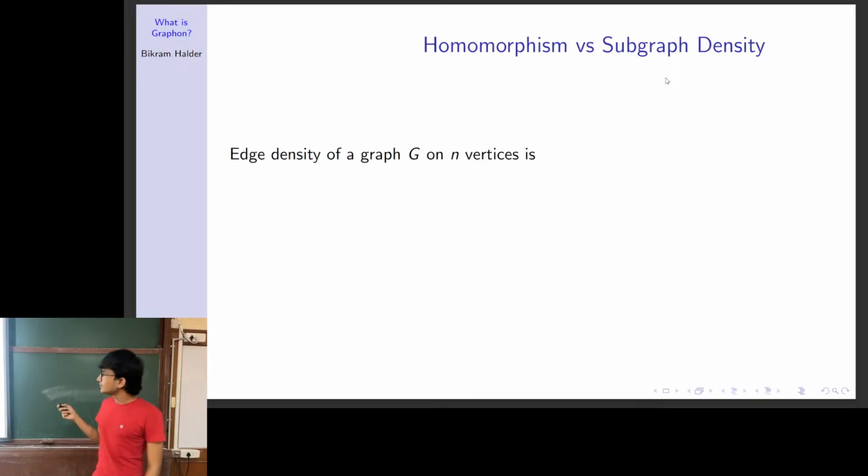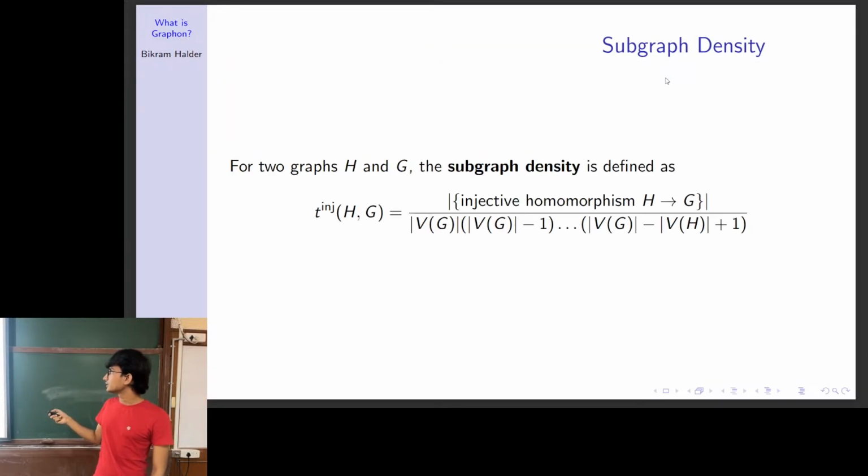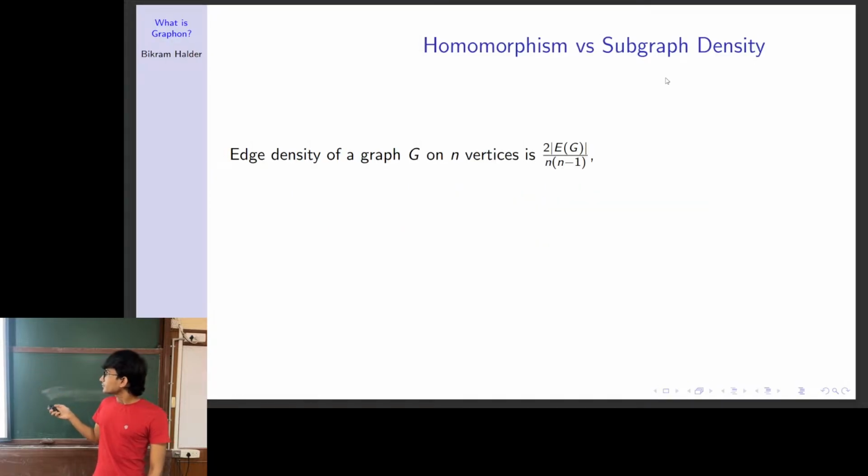Then the edge density becomes two times the number of edges divided by n times n minus 1, if you are embedding in an n-vertex graph. And the homomorphism density becomes two times the number of edges divided by n squared.